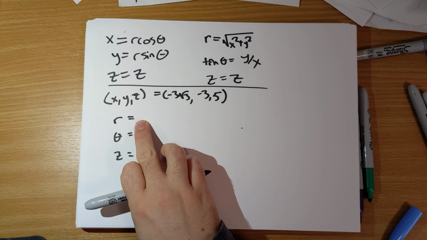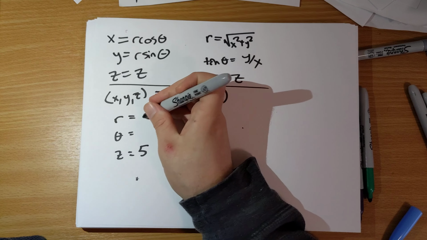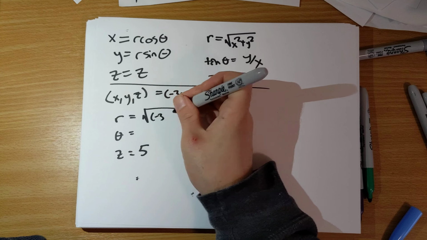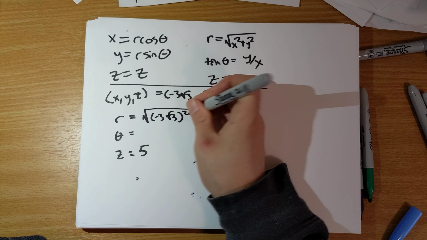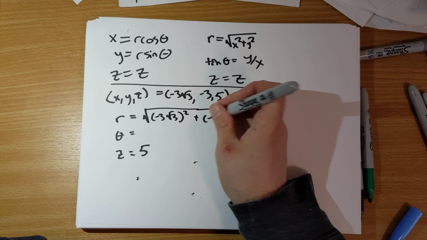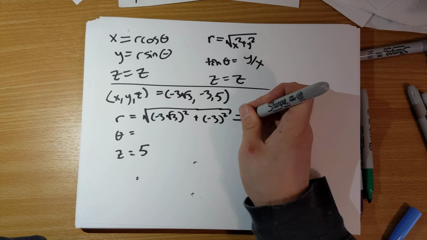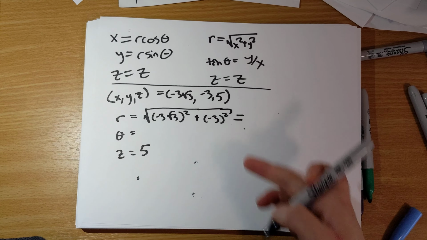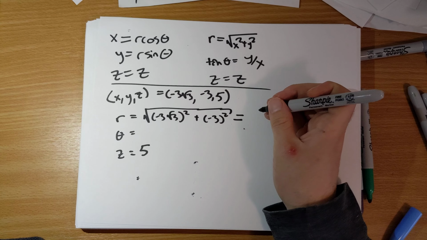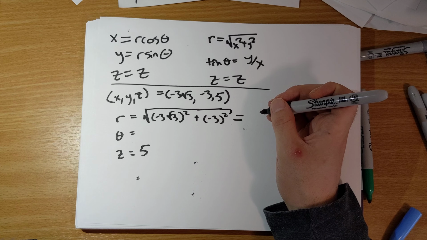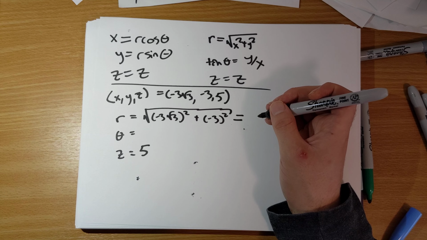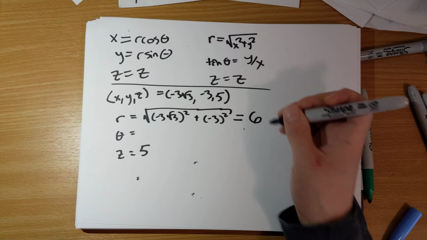R is going to be the square root of -3 square root 3 squared plus -3 squared. And this crunches out, and according to my notes here, this should give you 6.